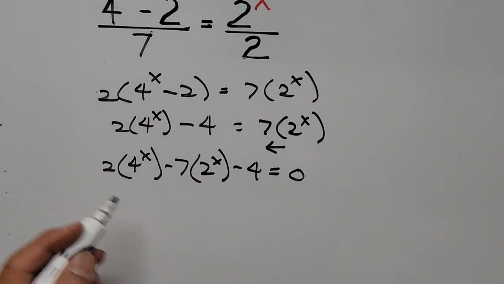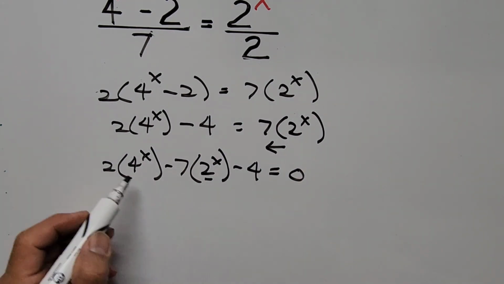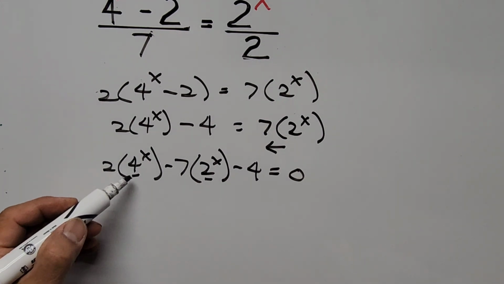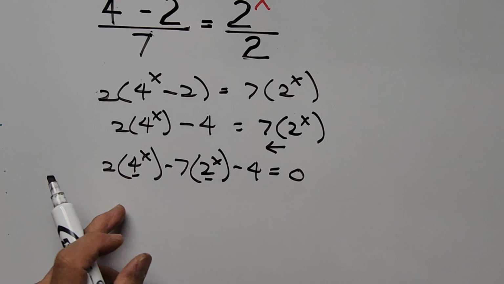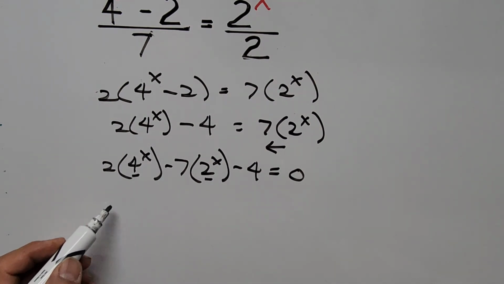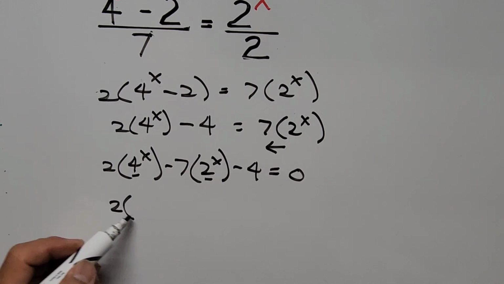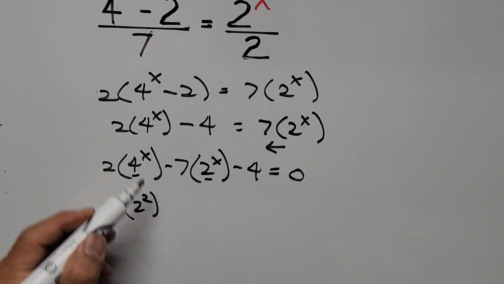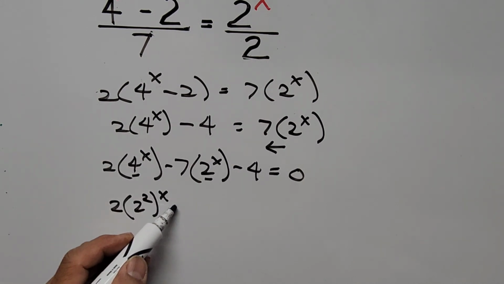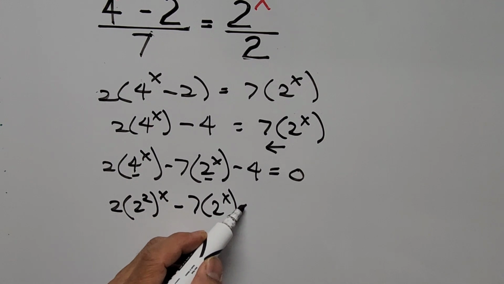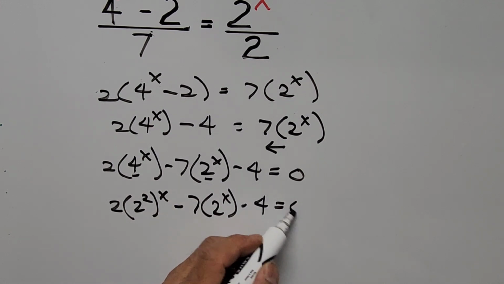And from here, if you notice, you have base 2 over here and this is base 4. So the next step will be to transform base 4 into base 2, so we will have the same variable with the same base. So we have now 2 times 4 expressed as 2 squared, raised to the x power, minus 7 times 2 to the x power minus 4 equals 0.